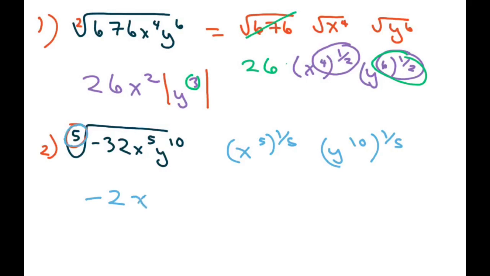So that's just going to be x, because that equals 1. This equals 2 y squared. We didn't have to do an absolute value on this one, because our root was odd. Okay, next one.